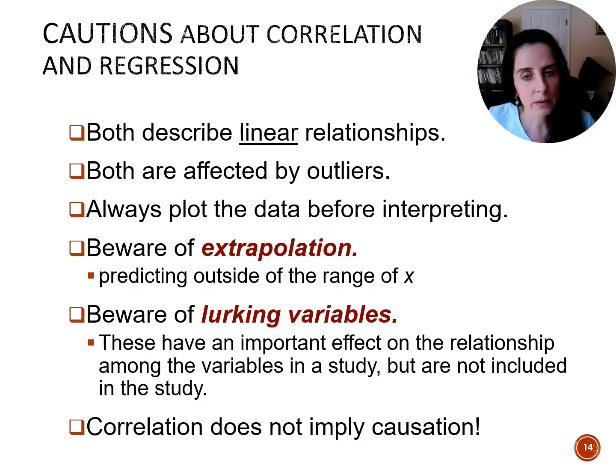So when interpreting the results, we should not look only at the regression coefficients that statistical software computes for us. We should also plot the data to see if we have any outliers and if we can justify removing the outliers from the analysis. Another important aspect to consider is making sure that we don't generalize the results outside of the range of the explanatory variable.